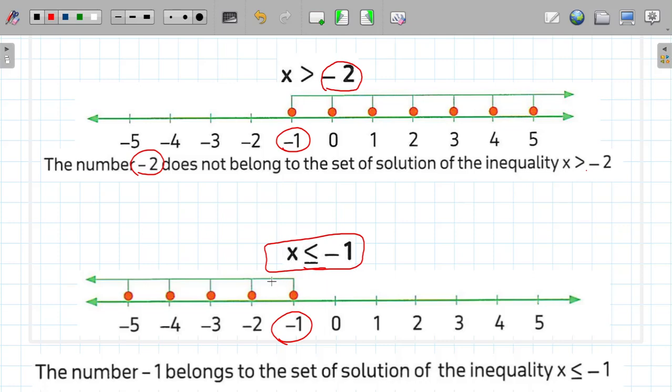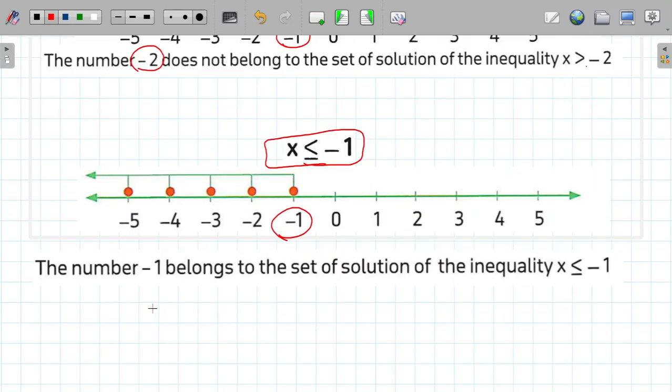And after that I have -2, -3, -4, -5, and so on. So the starting point here is -1 and I don't have an ending point. And remember, -1 belongs to the set of solutions because I have the equal sign here in the inequality, okay?